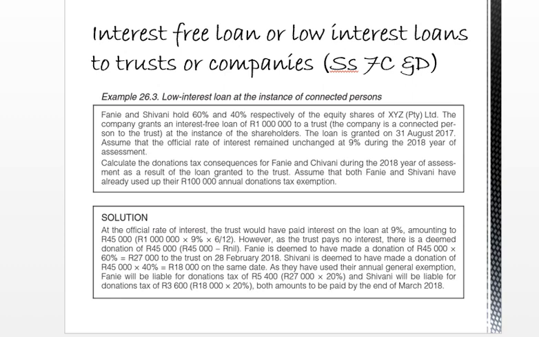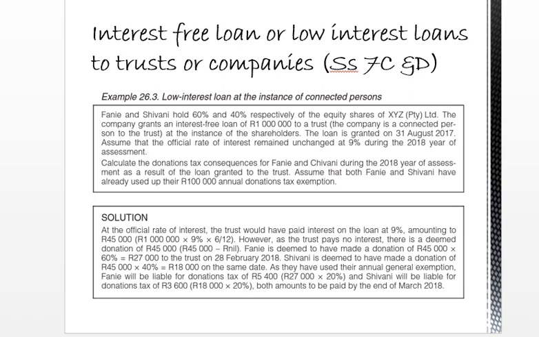This loan was granted on the 31st of August 2017, and again the interest rate remained unchanged at 9% during the 2018 year of assessment. So we want to calculate the donation tax consequences for Fani and Shivani at the end of the current year of assessment, and we want to also assume that both of them use their 100,000 rand donation tax exemption.